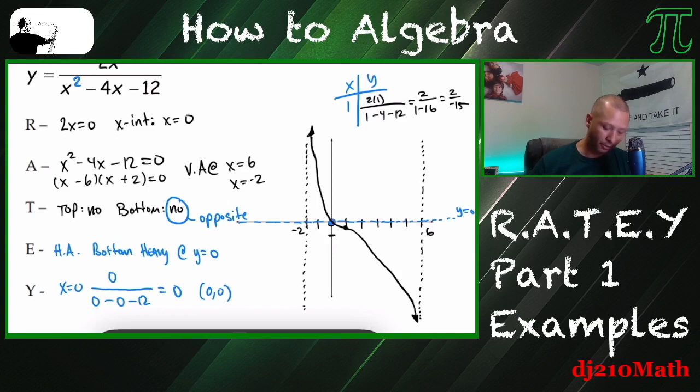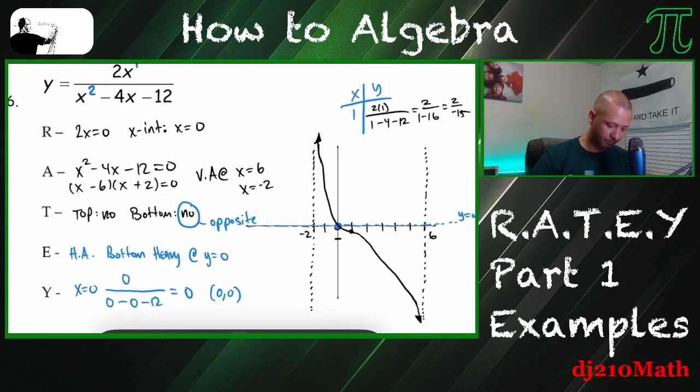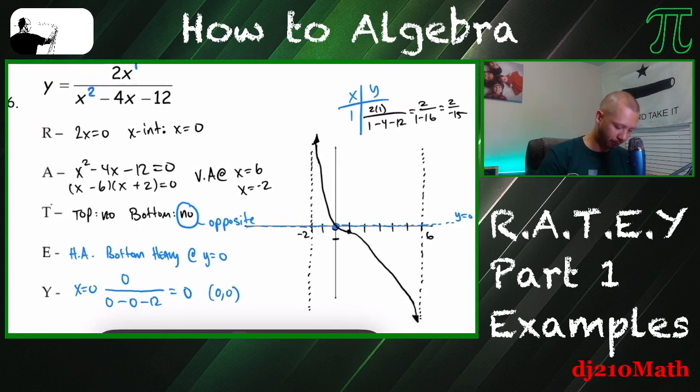Another branch, because of the squared factor information, the branches have to be opposite. On that vertical asymptote, they have to be opposite. So that means immediately it's got to be down in this direction. They can't come together because there was no squared factor.